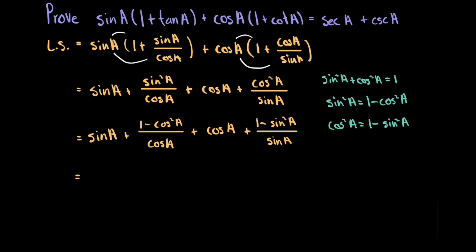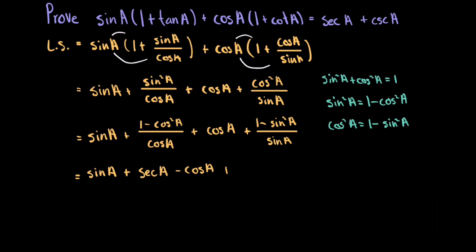All right, now let's do some reducing. So again, we have just sine A, but we have plus 1 over cosine A, and 1 over cosine A, that's the definition of secant. So we say secant A, and then we have minus cosine squared A over cosine A. That's equal to minus cosine A because these squares cancel out.